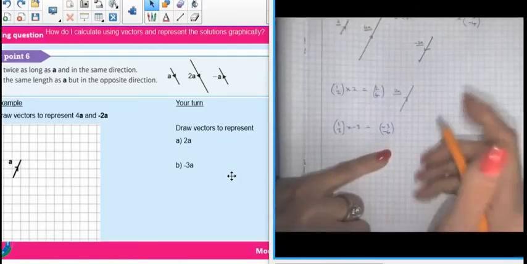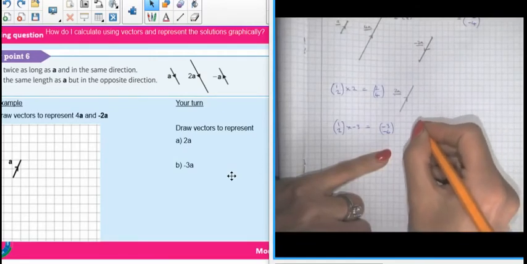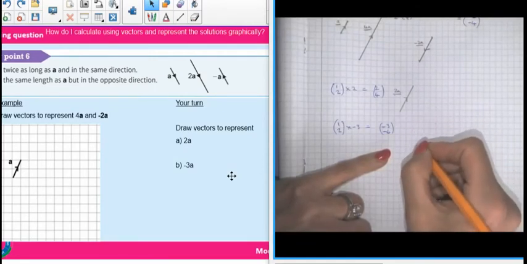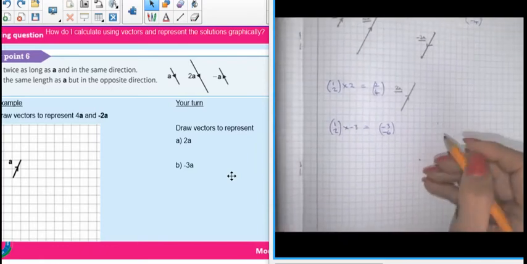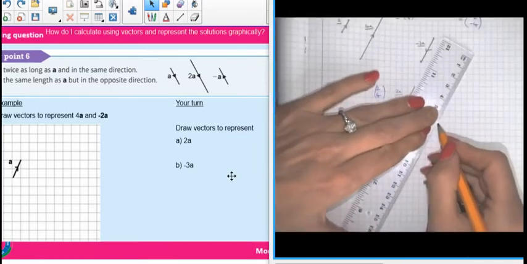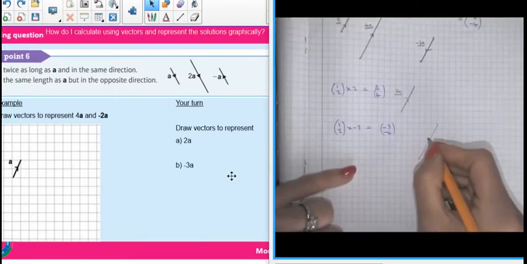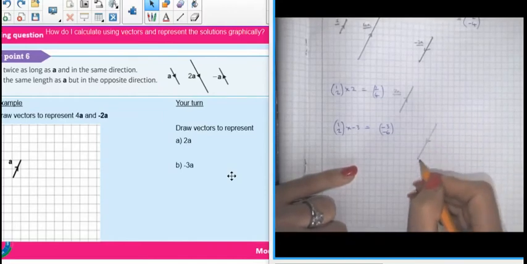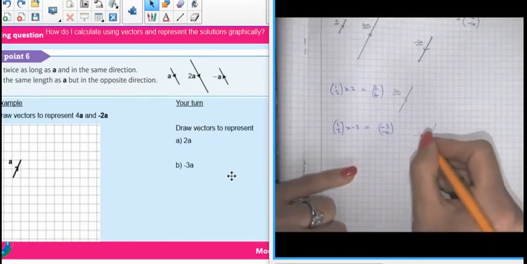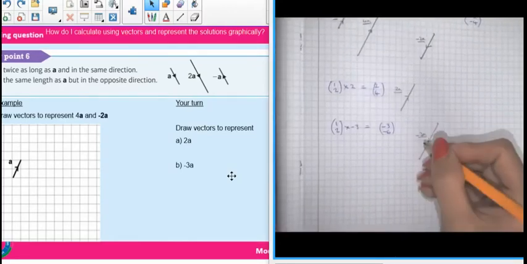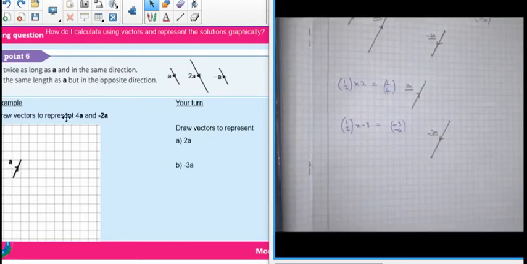I'll start here. 1, 2, 3, 1, 2, 3, 4, 5, 6. Starting here this time and going in the opposite direction, which we already knew would happen because it's negative, and we're told here in the key points that that means the opposite direction.